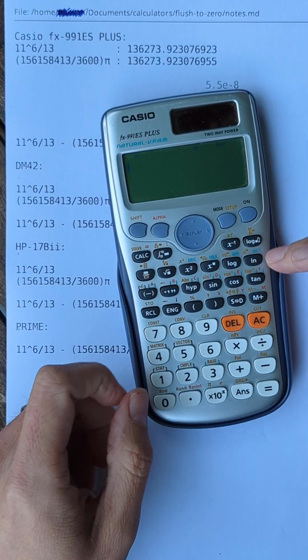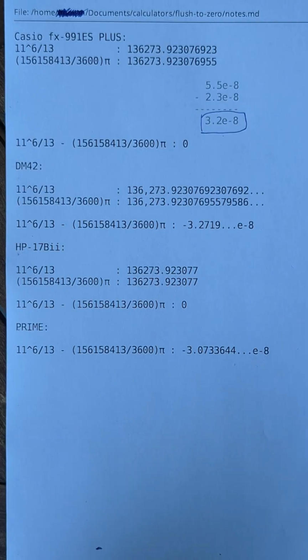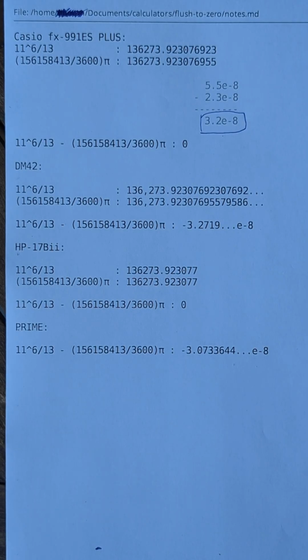Anyway, what's the point of this video? It's really just that Casios and Texas Instruments, they kind of lie to you a bit. They lie to you when they show you an irrational number as a result, when really it's only doing numerical calculations with finite precision, and so it's just trying to guess, really.